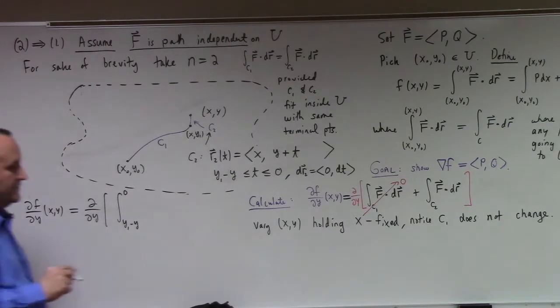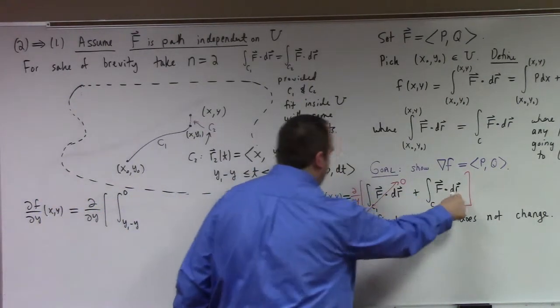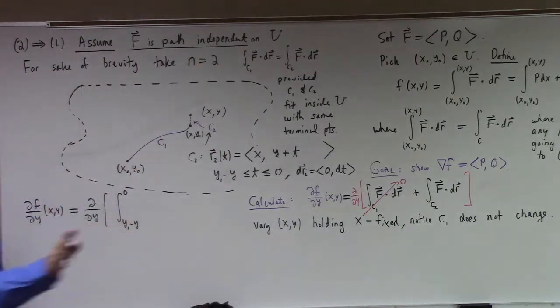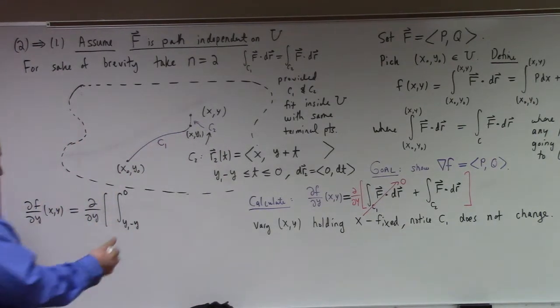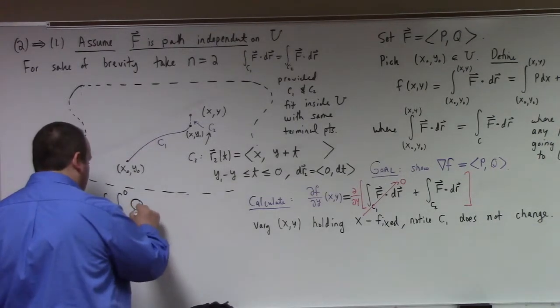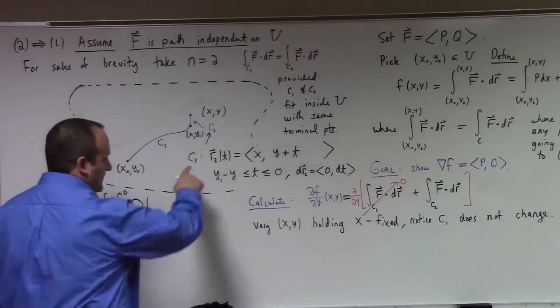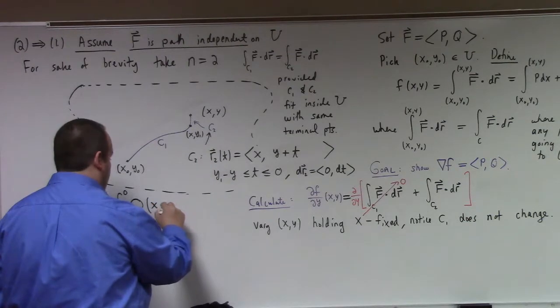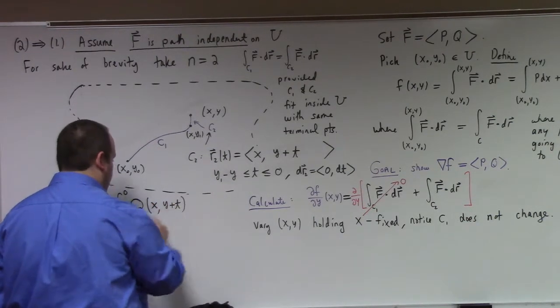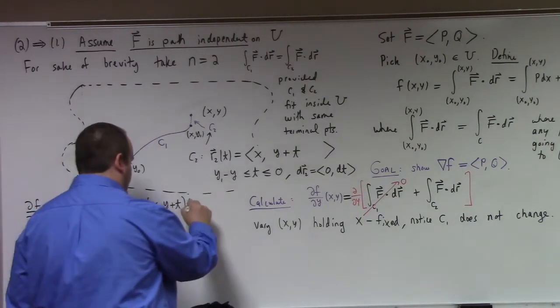So that dr2, the one that I put here, it completely ignores p, right? And it just picks up q. So we have q, which is a function of what? It's a function of x comma y plus t, dt.